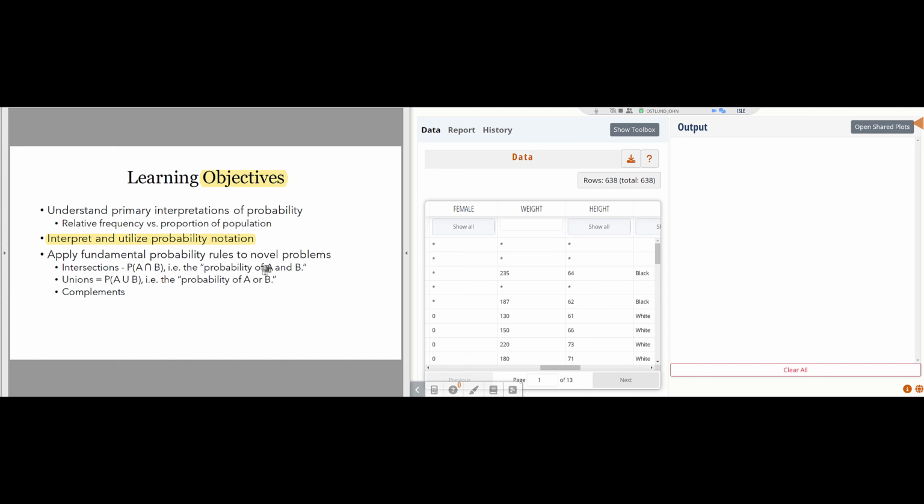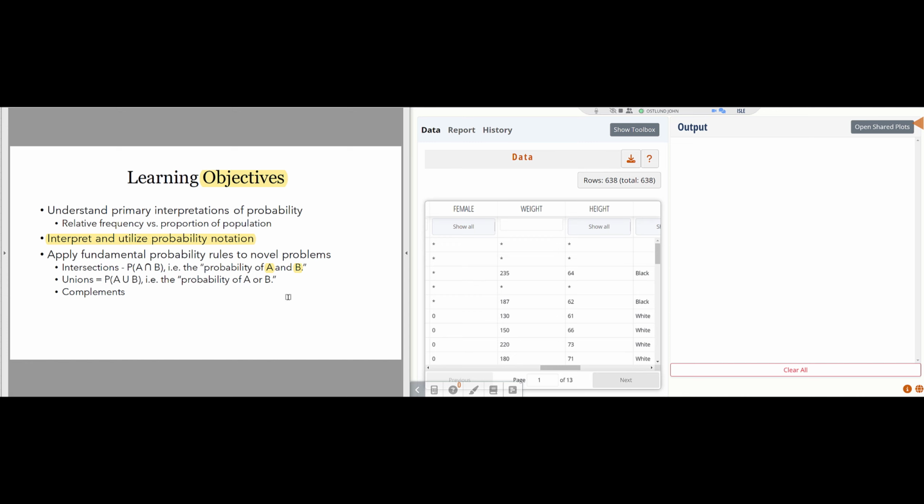We have these things called events. We talk about an event A or an event B, and we ask things like, what is the probability that both event A and event B will occur? Or what is the probability that event A or event B will occur?